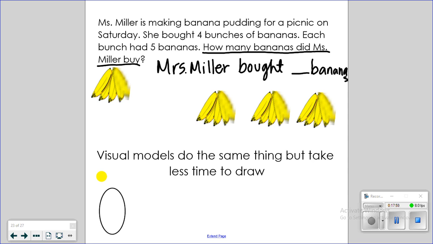Almost like potatoes. You need 4 bunches, and each bunch needs 5 bananas. Please do not make it take the entire page. There's no need for that.